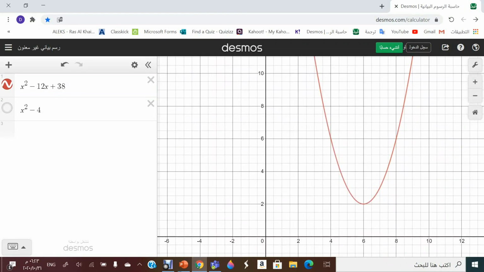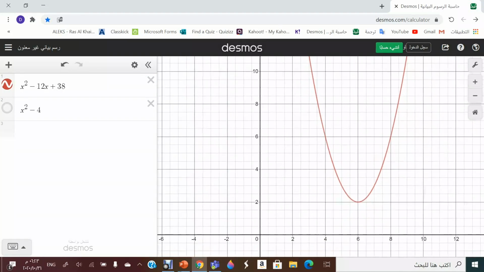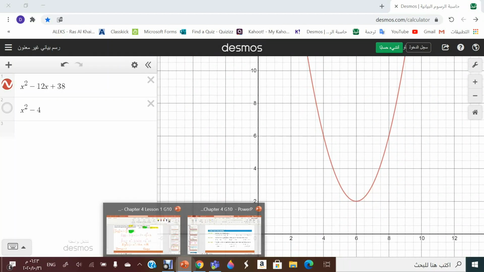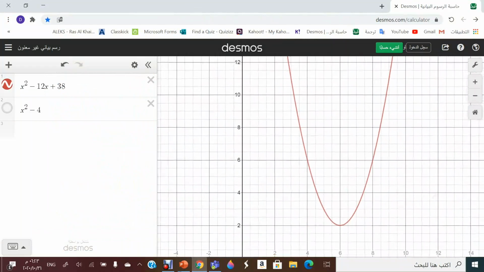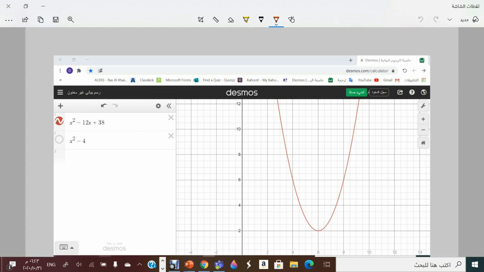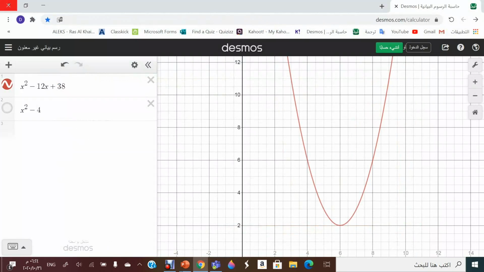So if you would like to think of it, you are having arrows going to the right and to the left. That means your domain is all reals R, and your range, always look where the graph started and where it ended. So the graph started from this value of y equal to 2, then it went up, that means infinity. So you can write it in two ways.